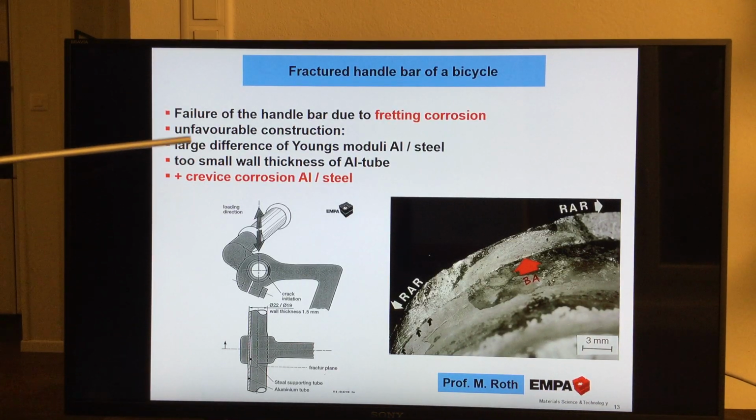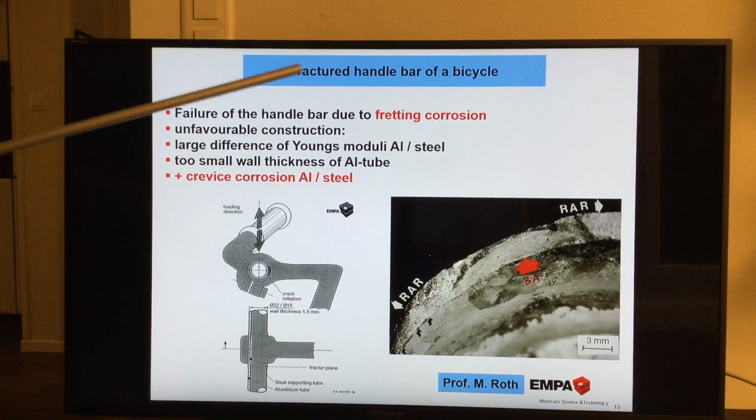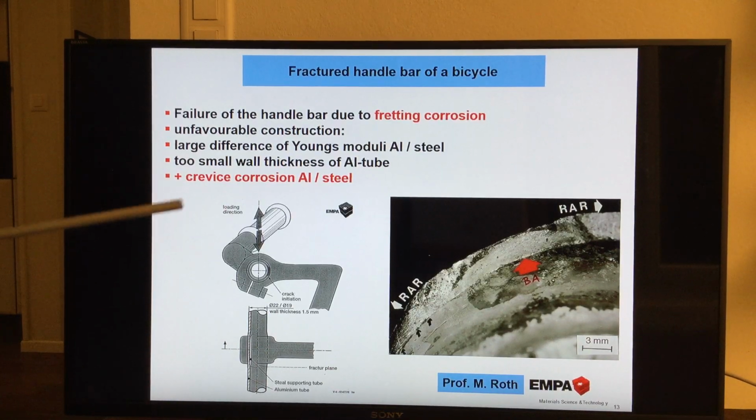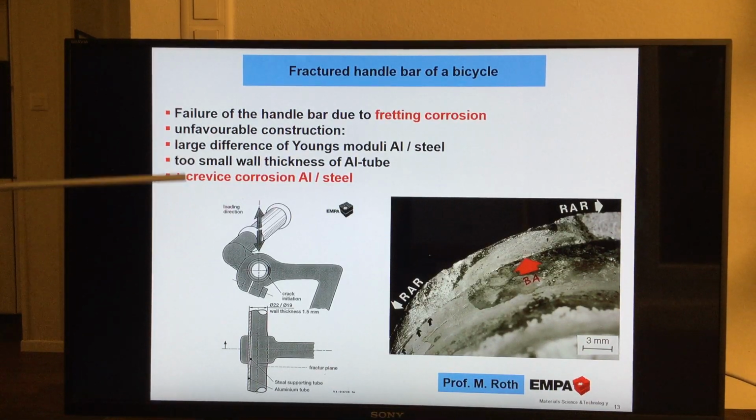There is a large difference of the Young's moduli of aluminum and steel. And this makes then these micrometer movements destroying the aluminum oxide layer. And finally, there's obviously a too small wall thickness of the aluminium tube, 1.5 millimeter. If we go to higher ones, we never had any failures like that.